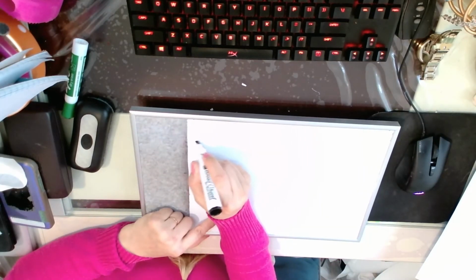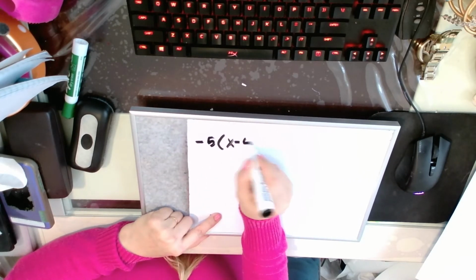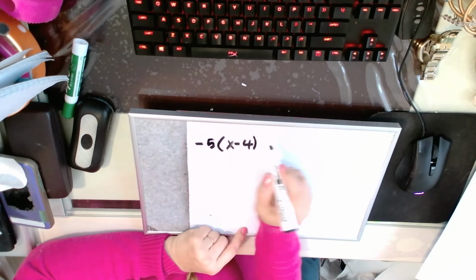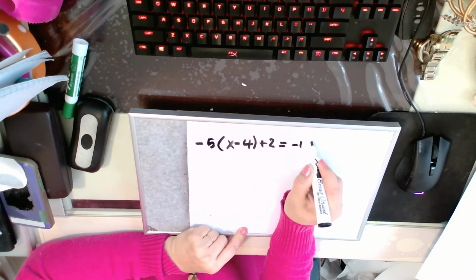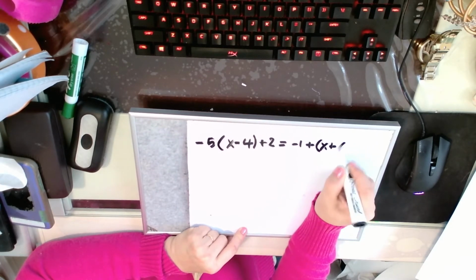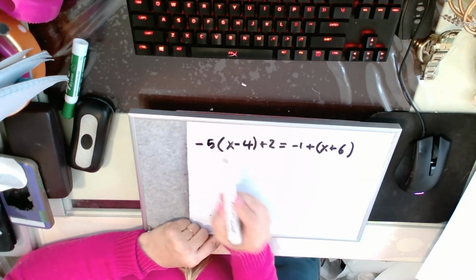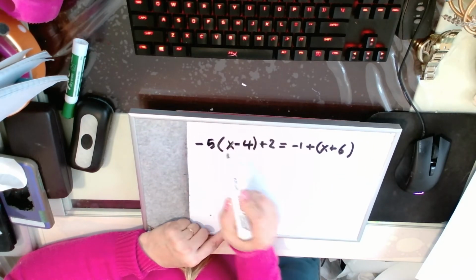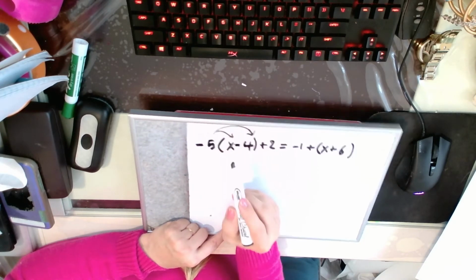Let's solve this one. Minus 5x minus 4 plus 2 equals minus 1 plus x plus 6. Solve for x. Every time when you see multiplication, you will distribute and multiply by both numbers.